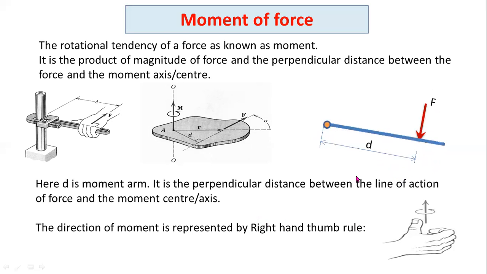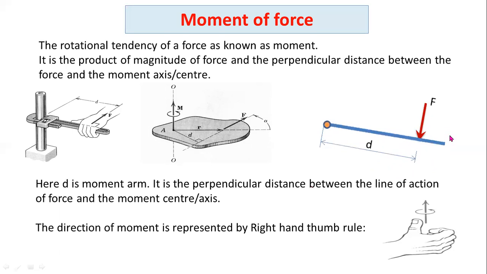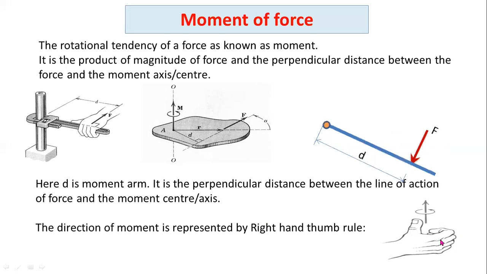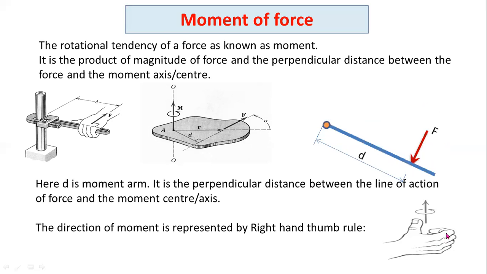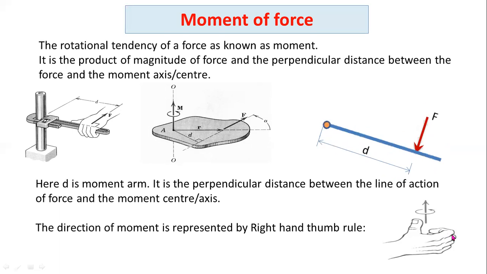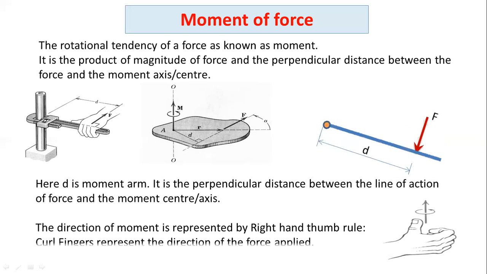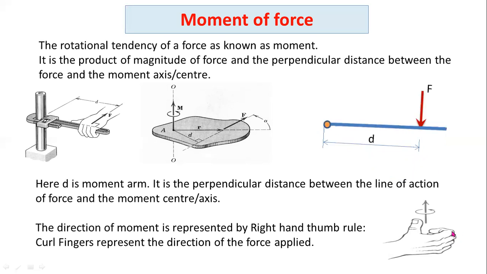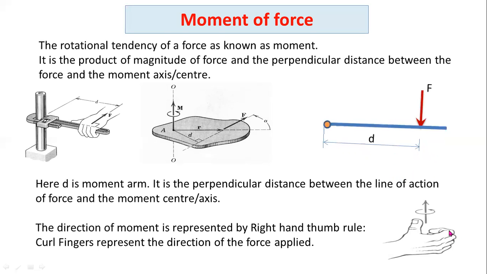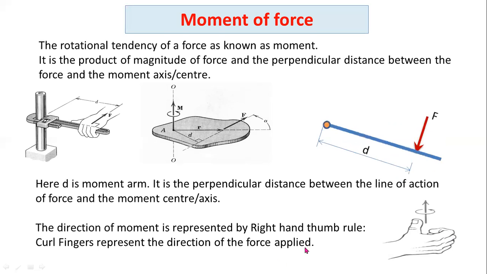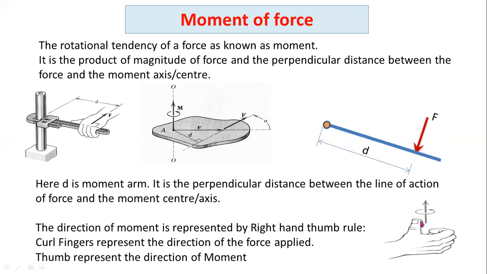Now the direction of the moment, the direction of the rotation, is represented by the right hand thumb rule. You can observe here, these curled fingers represent the direction of the force applied, and this thumb represents the direction of the moment.